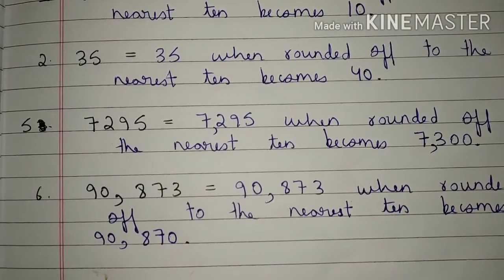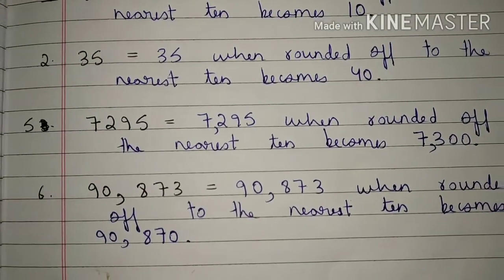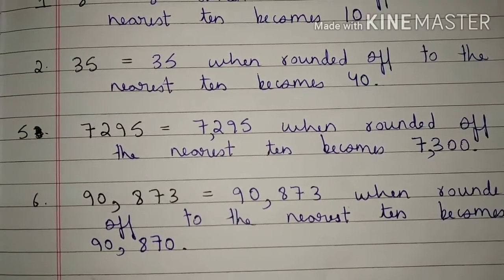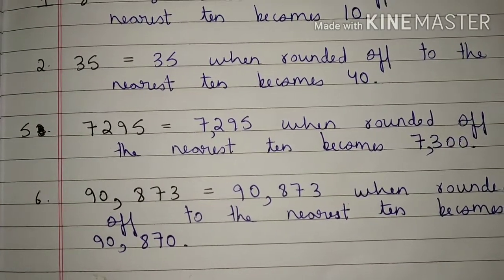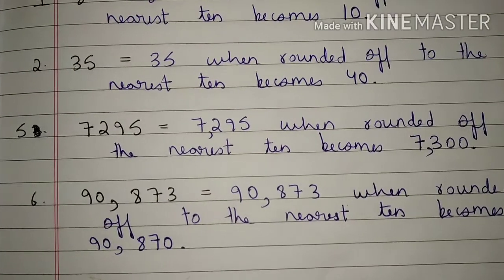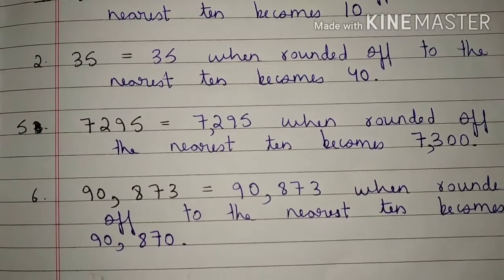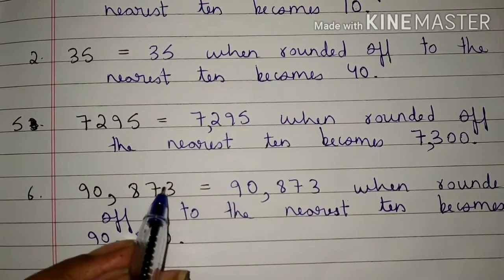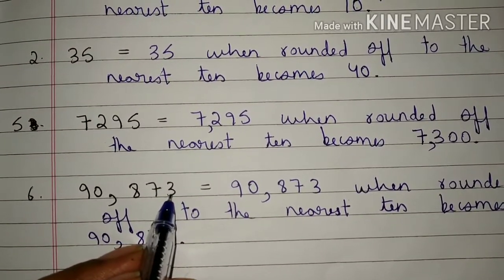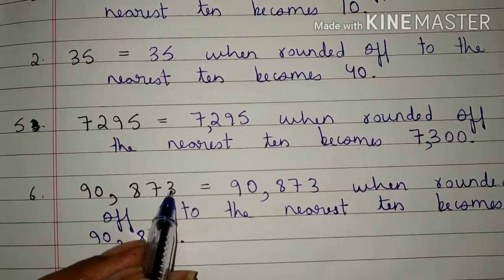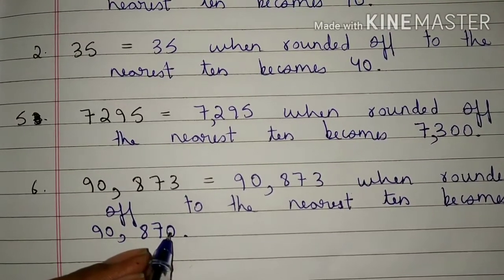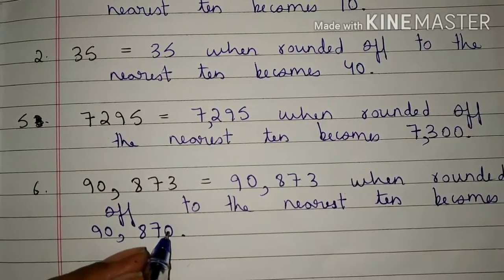I have told you that if the ones place digit is less than 5, then you will write 0 in the ones place and you will not change the digit in the tens place. Here in the ones place, digit is 3, means it is less than 5. So, you will write 0 in the ones place and you will not change the digit in the tens place.